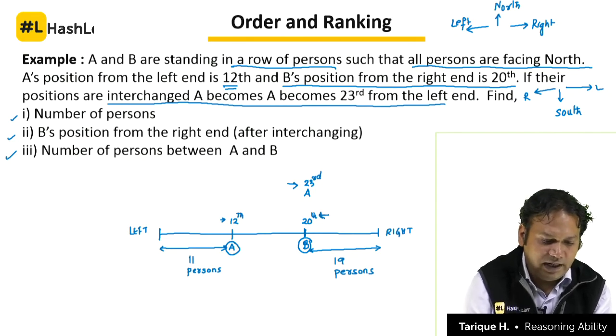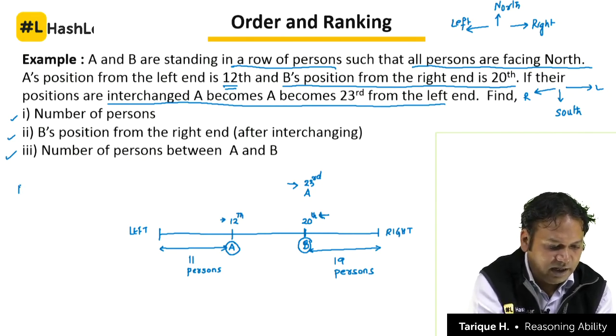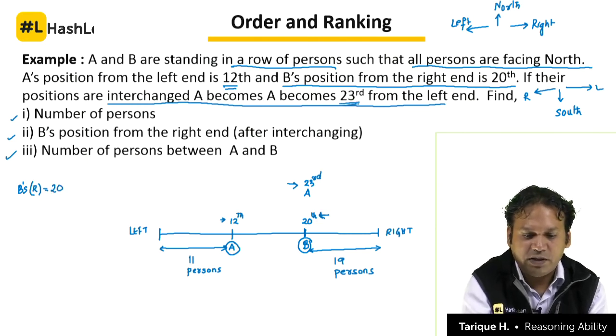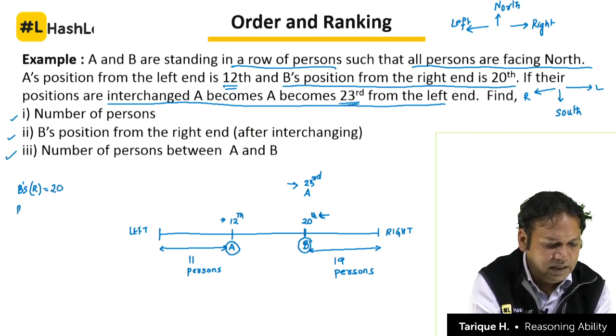So I can say that from the beginning itself B's rank from the right end is already given to us as 20, and based on this new information we can say that B's rank from the left end is 23. So how many persons are there?